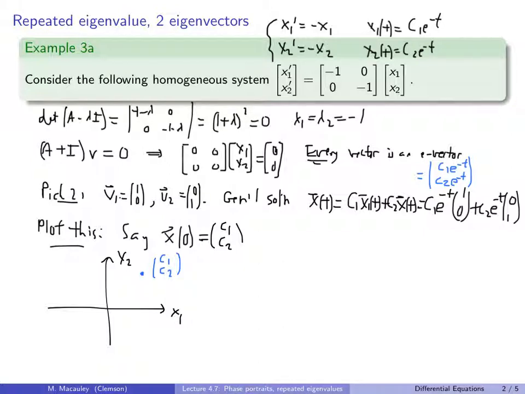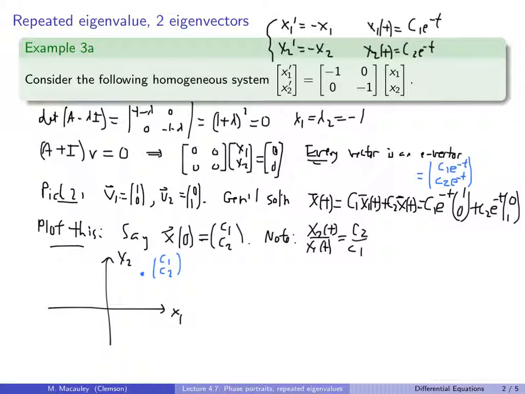So then, note that the slope x2 of t over x1 of t, by x2 I mean this x2 and this x1, there's no vector involved here, is just c2 over c1. This ratio is c2 over c1.